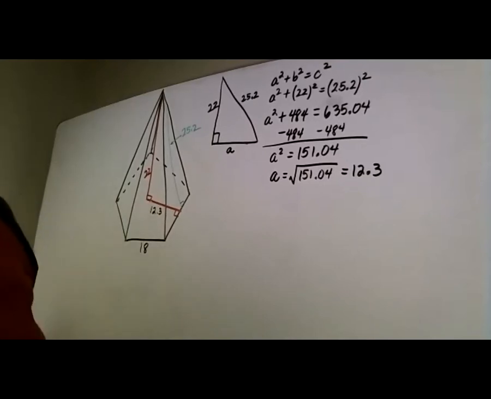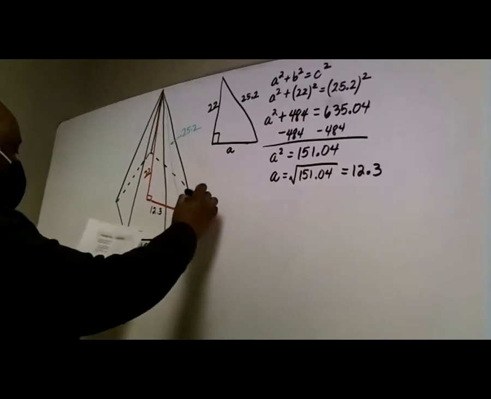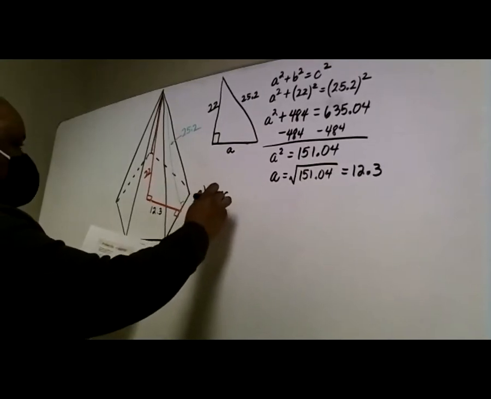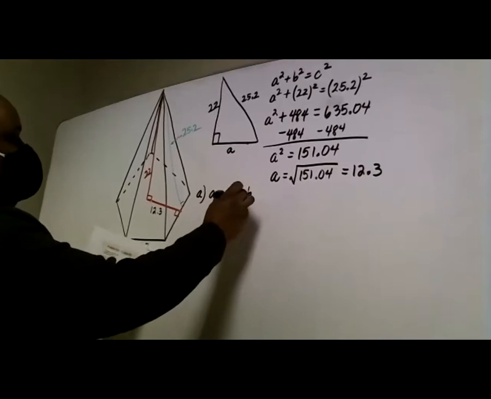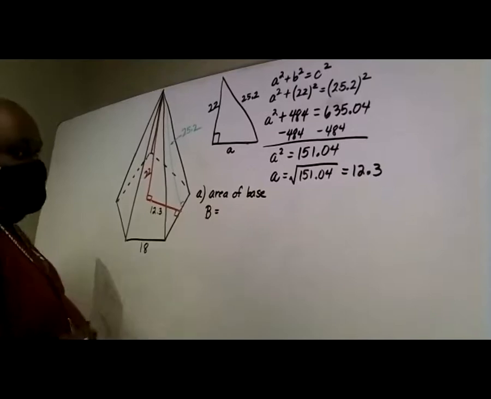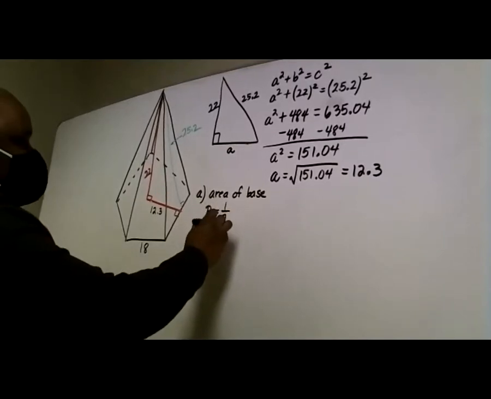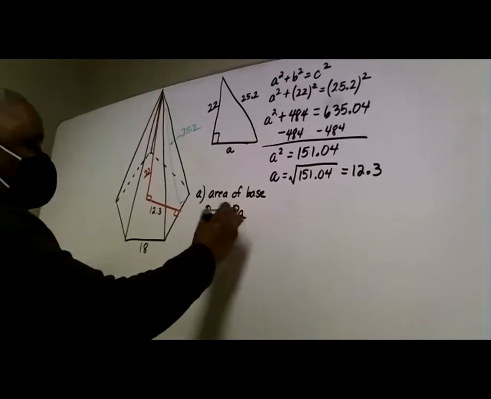Okay, and I should have everything I need to answer questions A, B, and C. So here I want the area of the base. The area of the base, that's B, is equal to 1/2 the perimeter times the apothem.